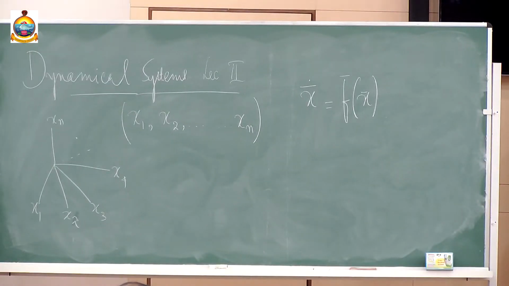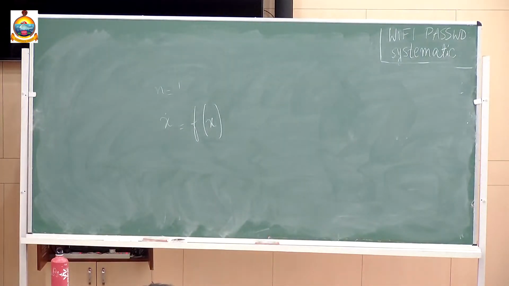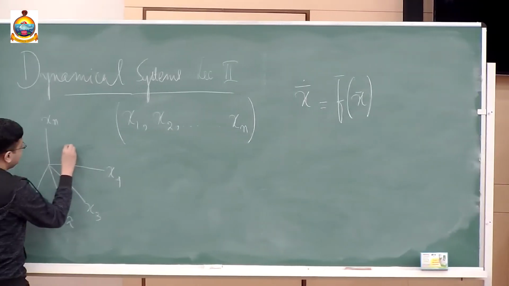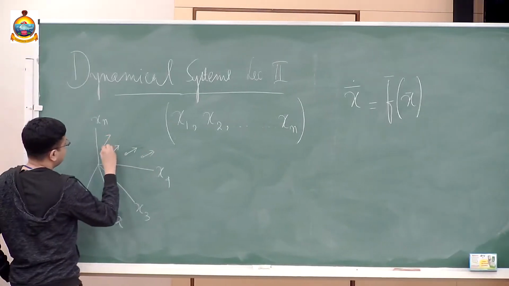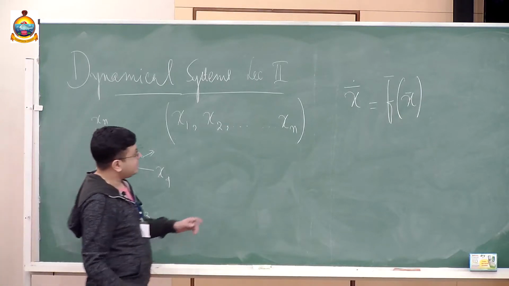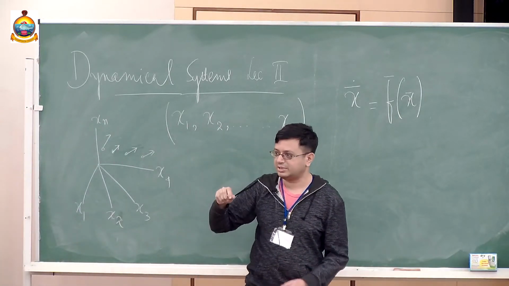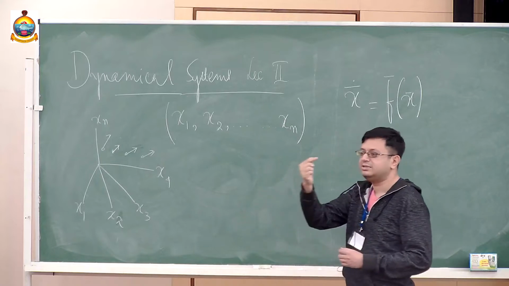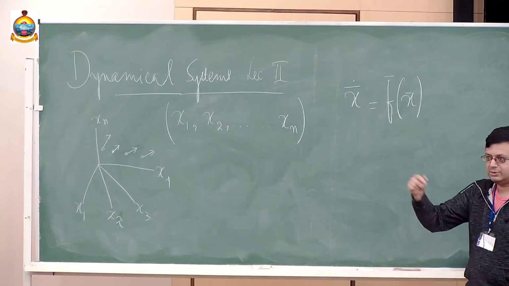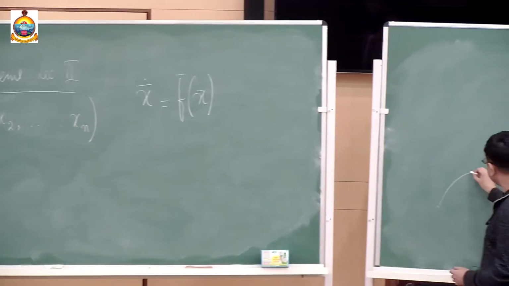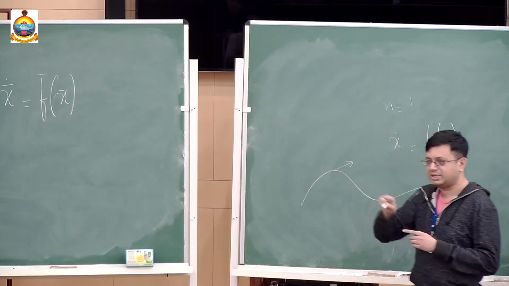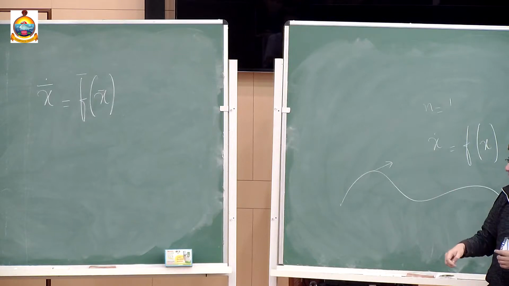Okay. So if you think of it in this n-dimensional space, what this f of x is giving you is a vector which is defined at every location. Okay. And your actual phase space trajectory will be such that the tangent to it at every point, you remember that the tangent of a curve at every point is the direction of the local velocity.